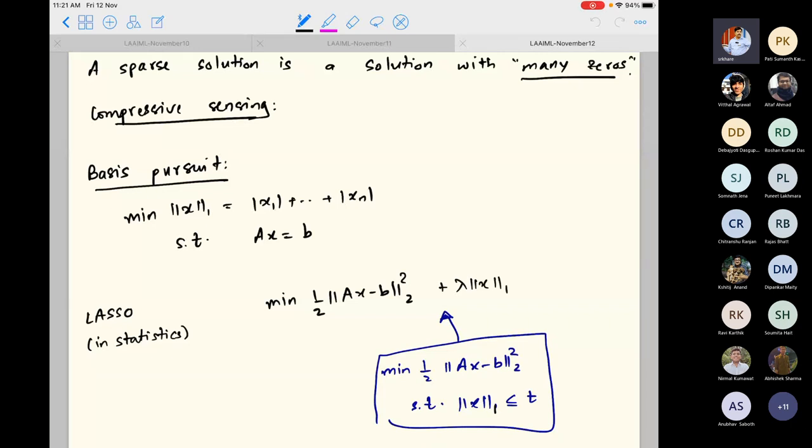Basically this is an optimization problem, and if anybody is interested in going further in understanding optimization, I think the book written by Stephen Boyd is available online. This is the third book. I think it's called Foundations and Trends in Machine Learning. That book talks of very nice optimization algorithms that can be used to solve problems of this type.